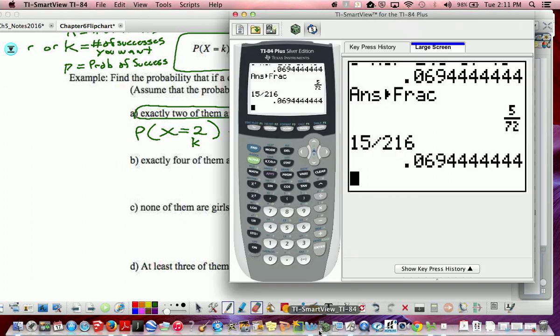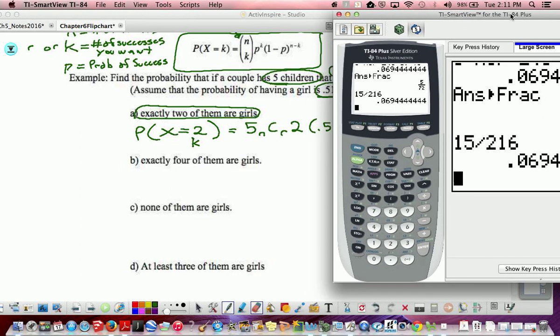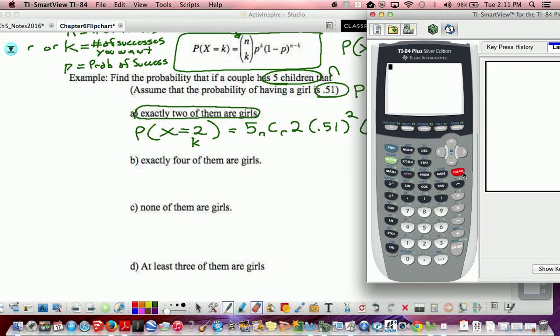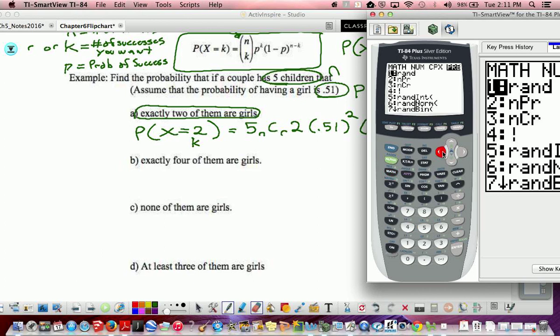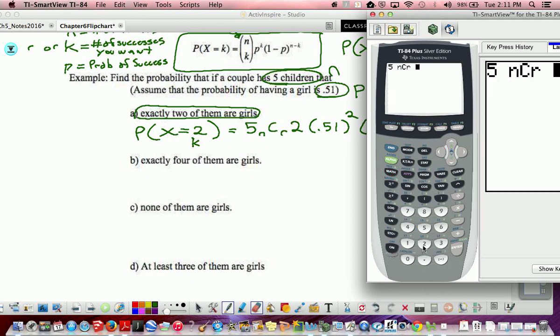Alright, so let's plug this in. In our calculator, we go 5, math, to the probability, NCR, 2. Then we times it by 0.51, raise it to the second power, times it by 0.49, raised to the third power.